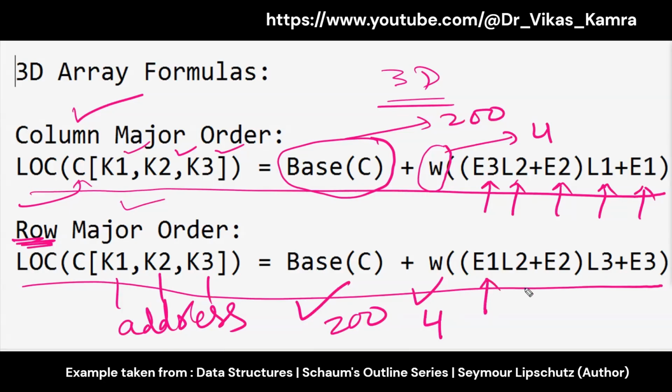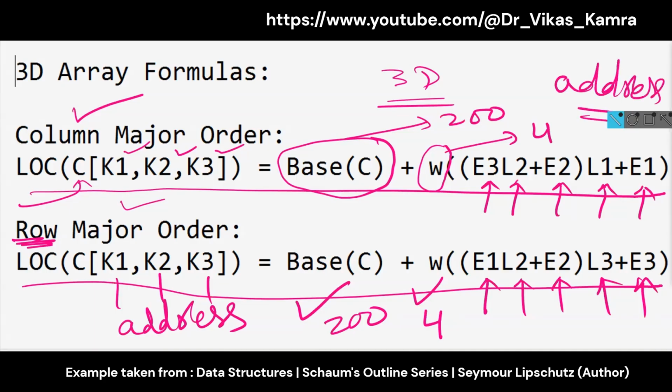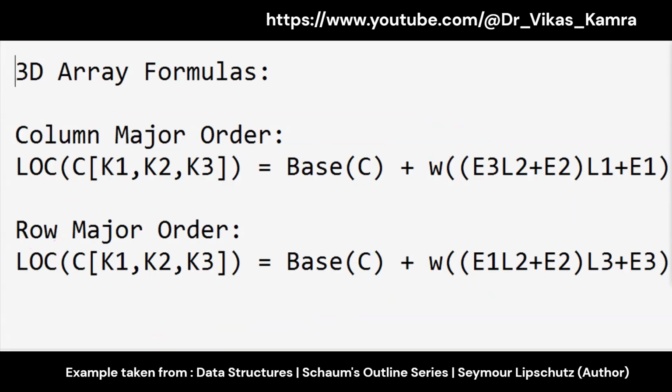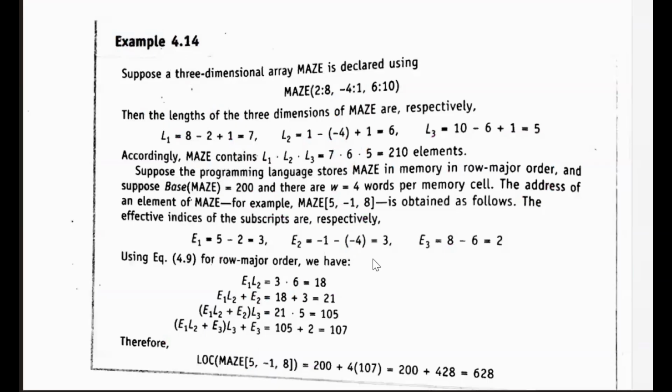You need to put the values of E1, L2, E2, L3, and E3. By putting all these values, you will get the required address. So I'll show you these formulas once again. Just remember these formulas.